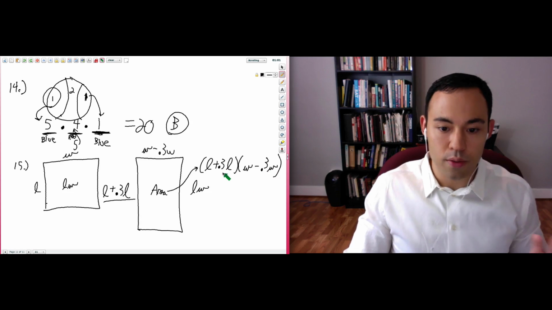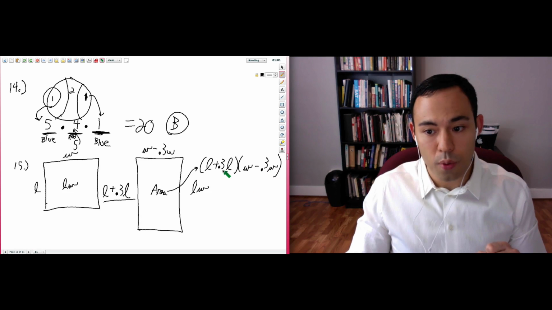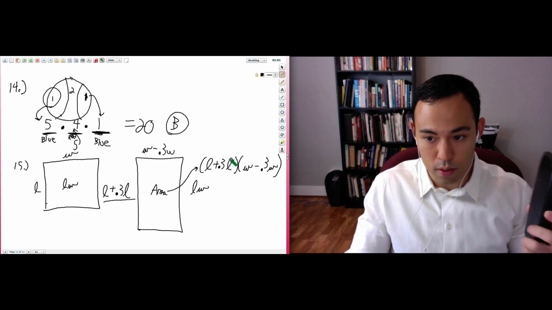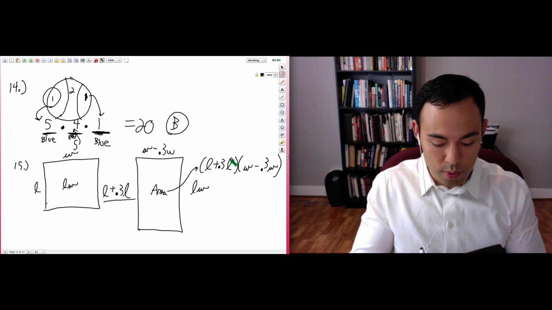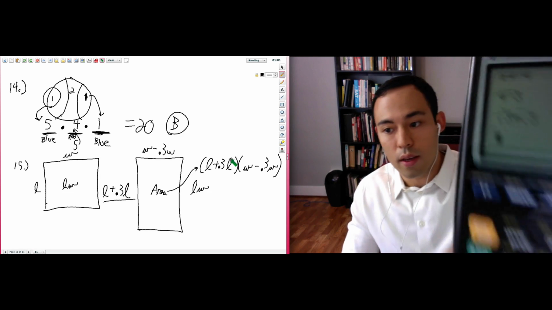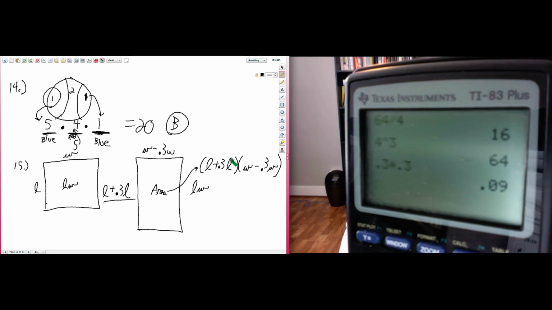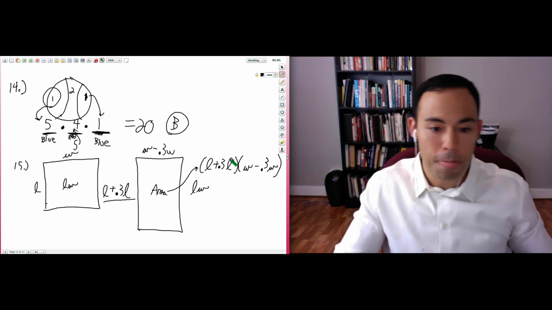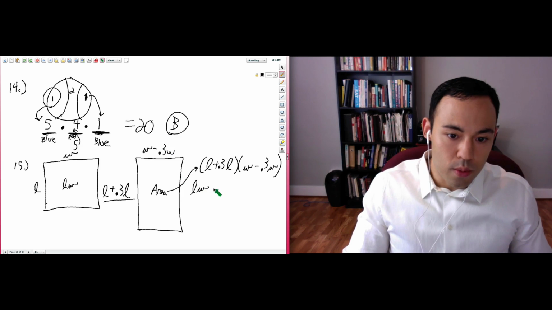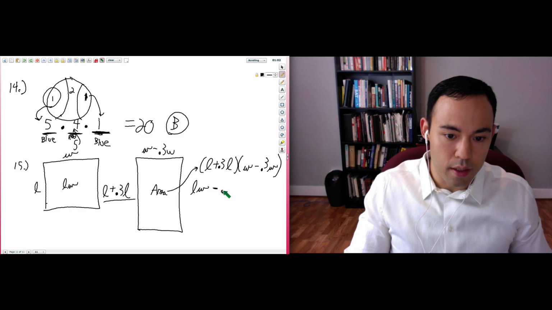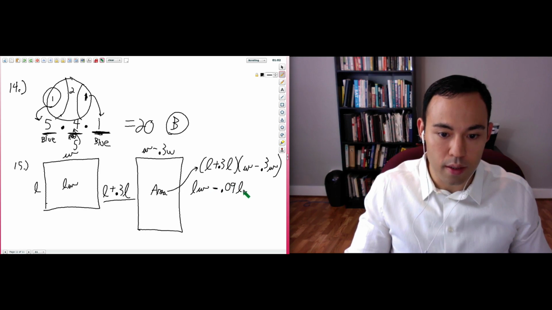So be careful. 0.3 times 0.3 is not equal to 0.9. It's equal to 0.09. Go ahead and you can prove that to yourself. 0.3 times 0.3, we have a 0.09 right there. So I think one reason why people miss this a lot is they're rushing and they forget this 0.09 LW.